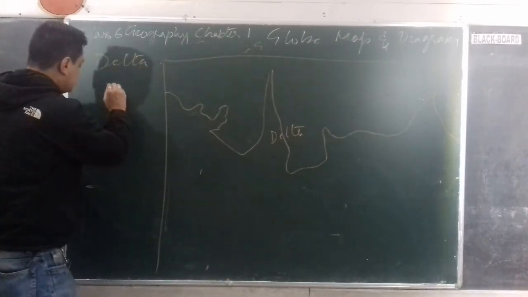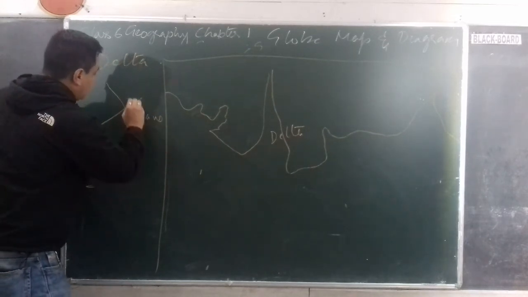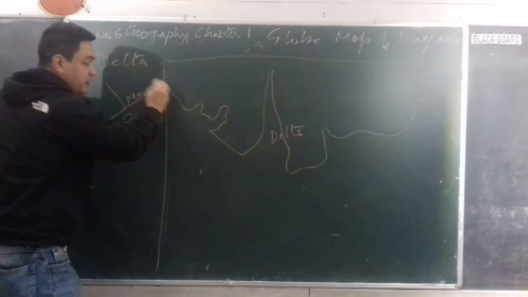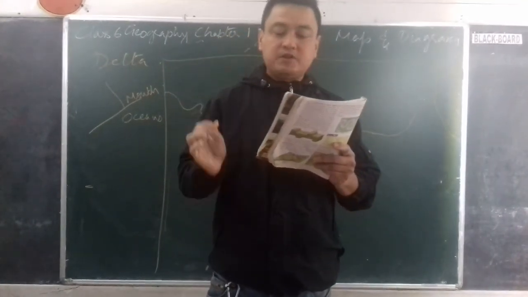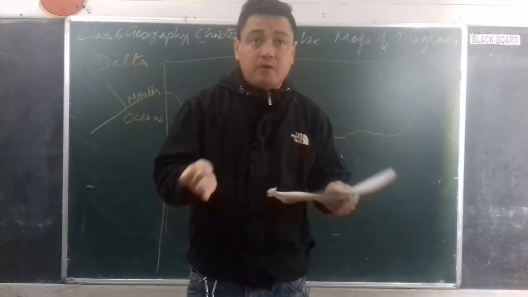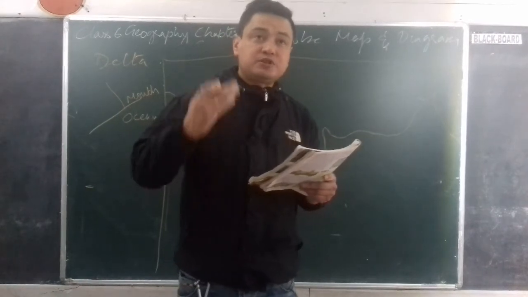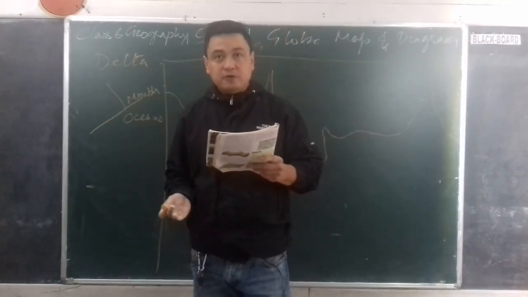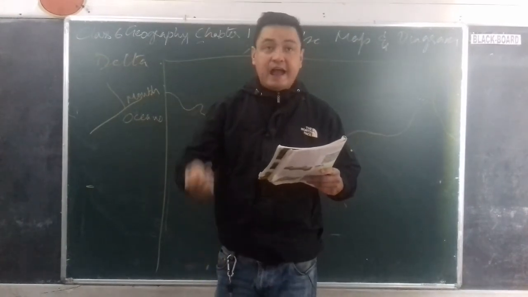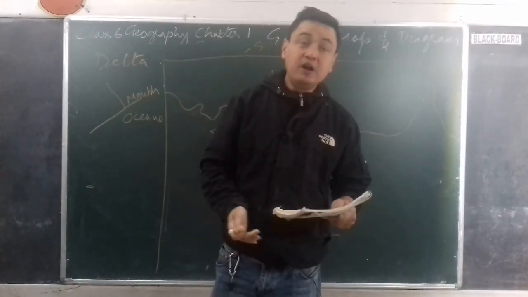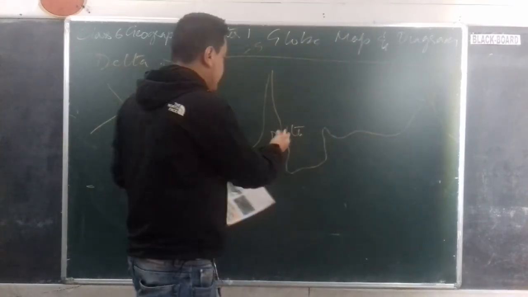A river delta is a landform of fertile land, made by the deposition of fertile soil brought down by the rivers from the mountains into the mouth of the river. In the mouth of the river, a delta is formed.